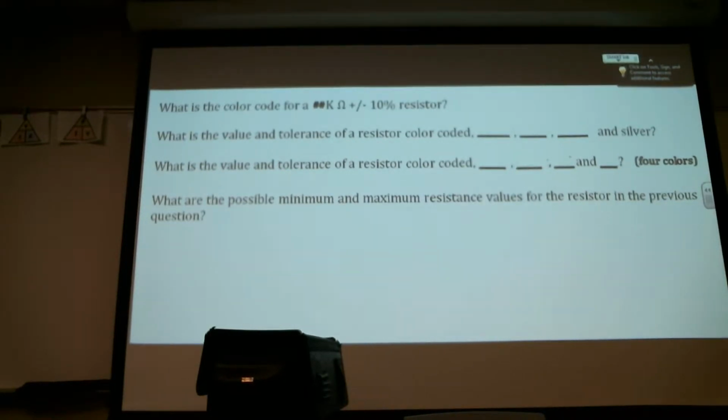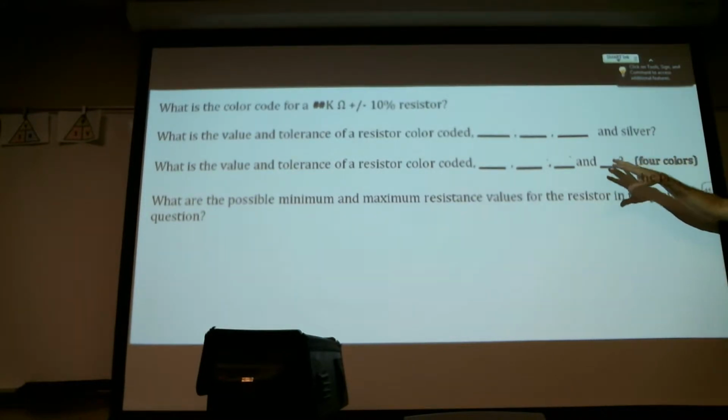This one, 4 colors. I remember there are times when we use other than silver or gold. Without one, it's 20%. But sometimes we want a tighter tolerance, so we use a color.